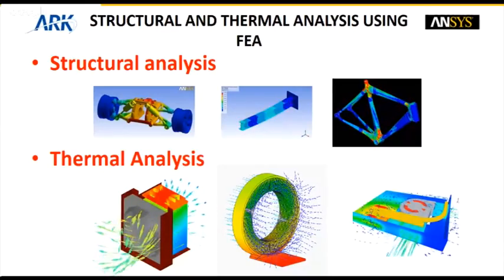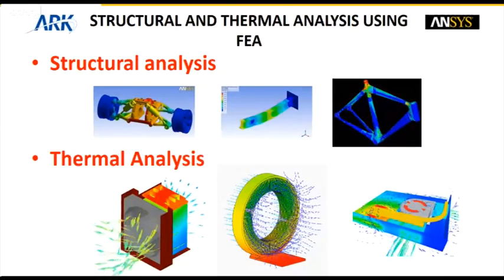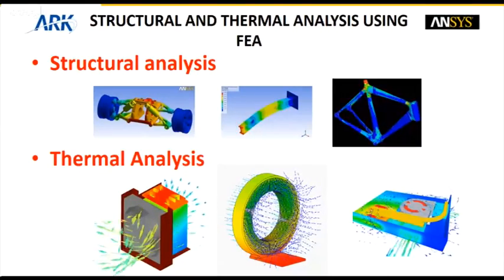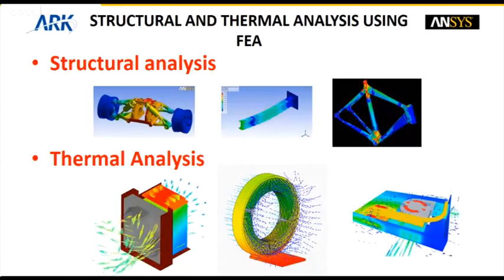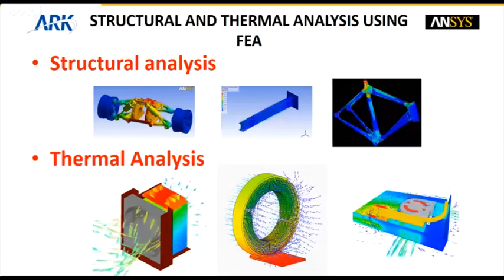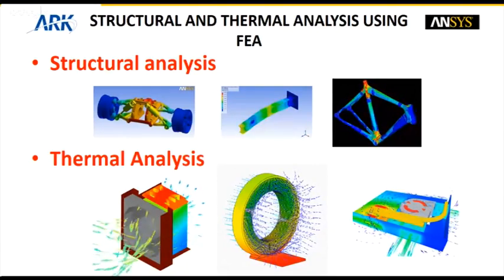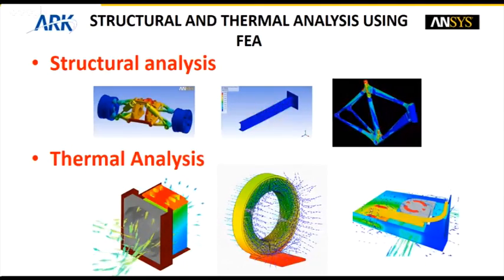It can handle different phenomena like creep, fatigue, as well as different failure criteria. It can predict the life cycle of your object, as well as tell you how you can improve your life through optimization. So optimization can be done in ANSYS, in your physics.